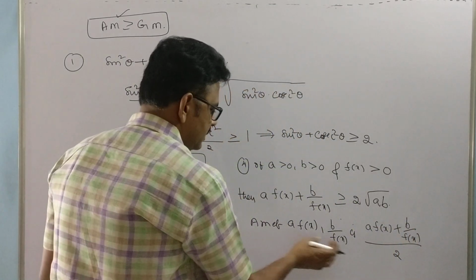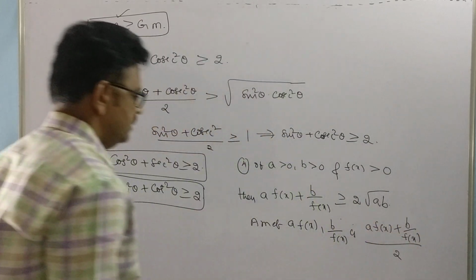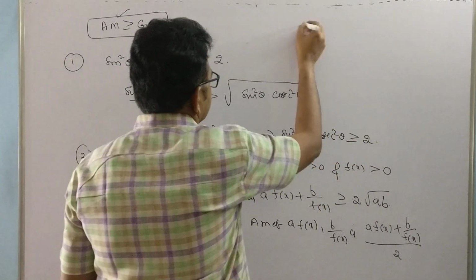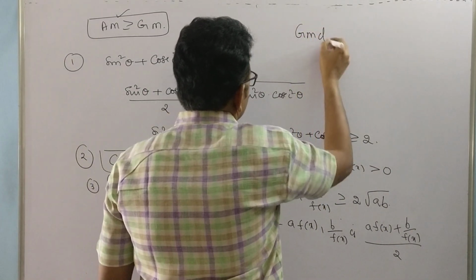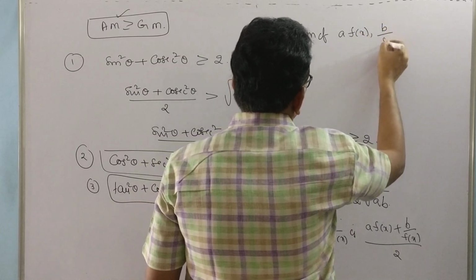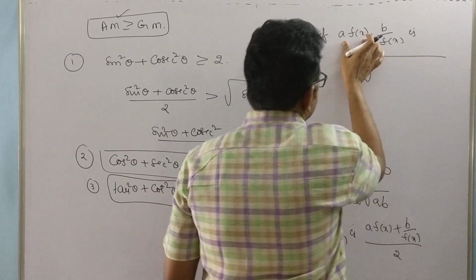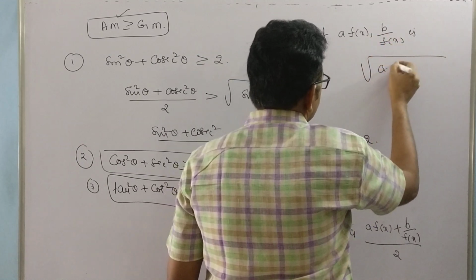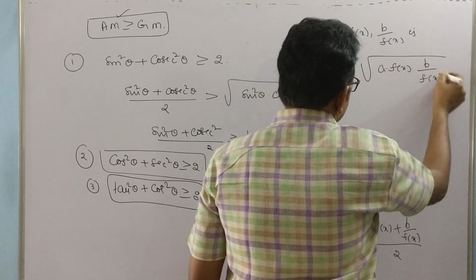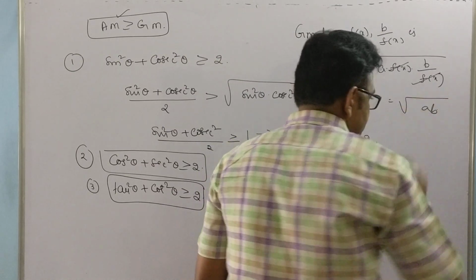And the geometric mean of A into f of x comma B by f of x is root AB. Root of this term is A, this term is B, A into f of x, B by f of x. So these two get cancelled. That is root of AB.